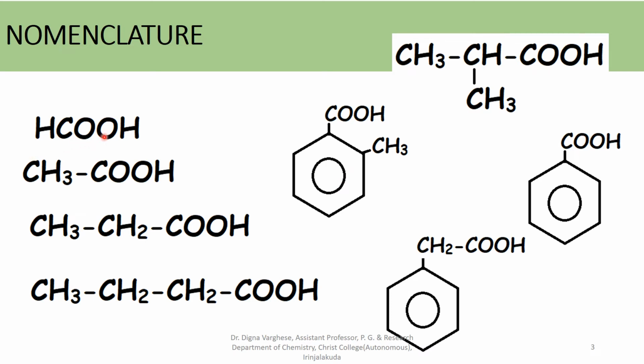The IUPAC names are methanoic acid, ethanoic acid, propanoic acid, butanoic acid, 2-methyl propanoic acid, benzene carboxylic acid, 2-phenyl ethanoic acid, 2-methyl benzoic acid.